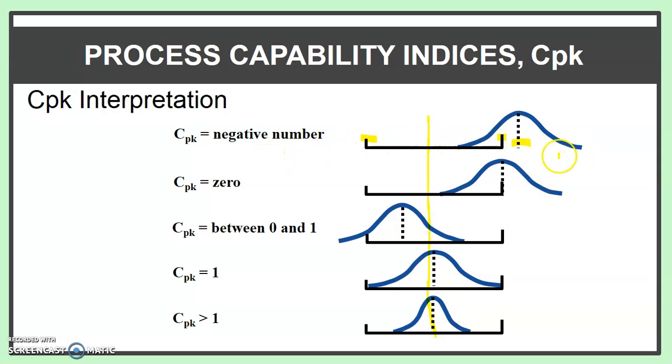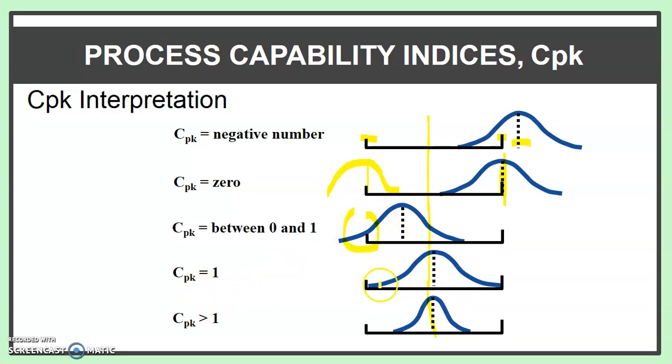So you will get a negative because it's out of your process. When you get 0, that means the mean is equal to one of the specification limits, either here or here. When you get 0 and 1, that means one side is out of the limit.